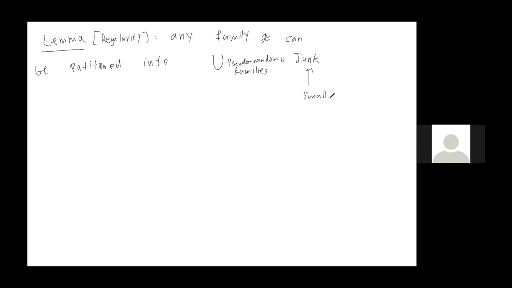So let's say it in a bit more detail. Pick your pseudo-randomness parameters R and epsilon. Then there exists a J such that the following holds.